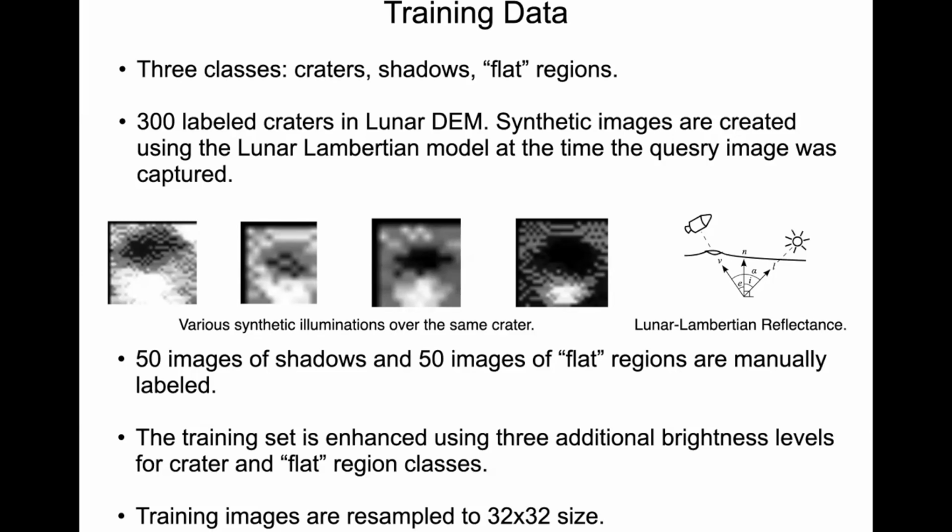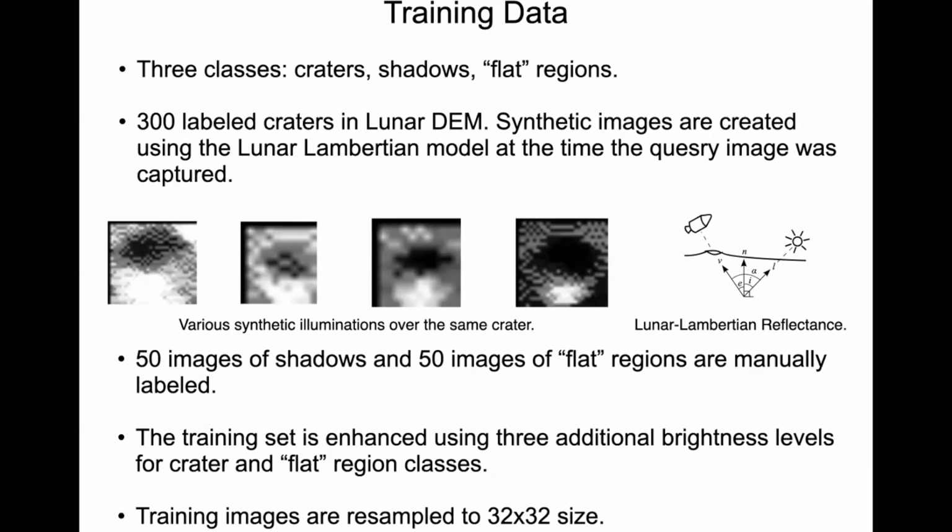For every new NAC image on which we detect craters, we re-illuminate these craters using the lunar Lambertian model. So we don't have to do manual labeling for every new NAC image that we get. We just label once 300 craters in the DEM.